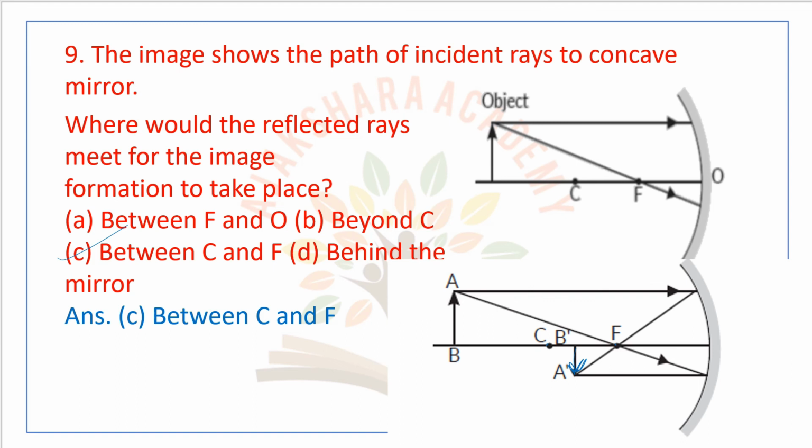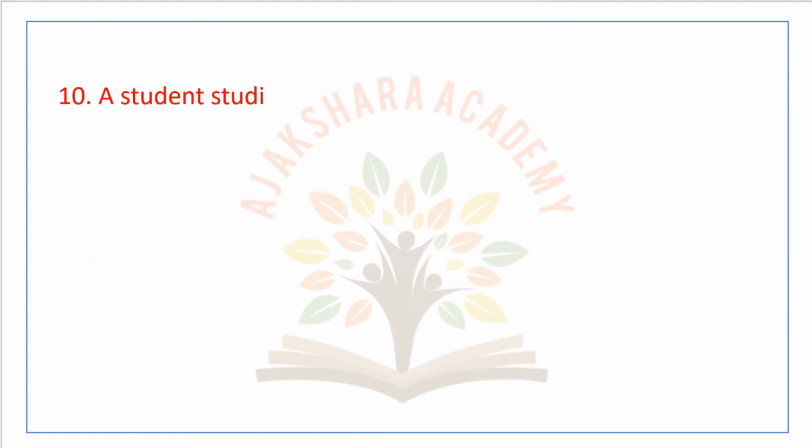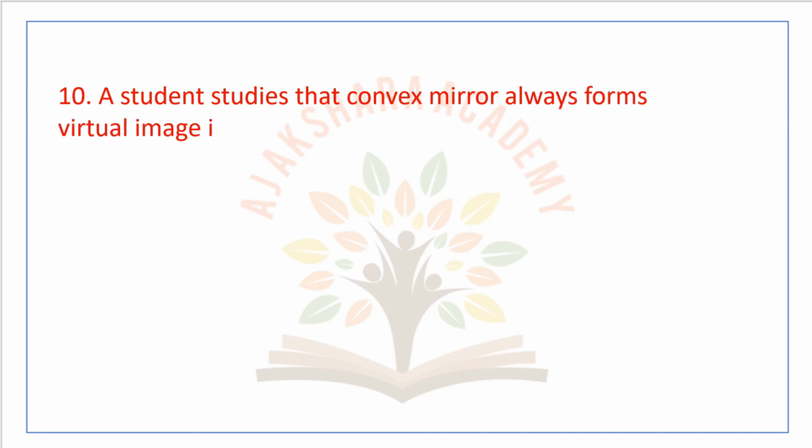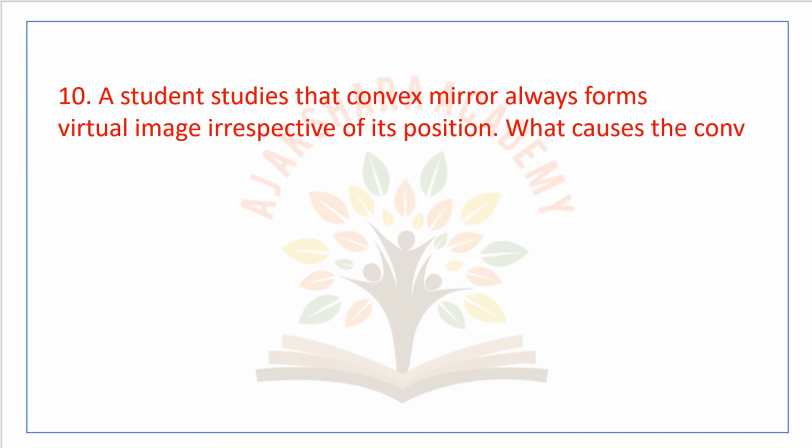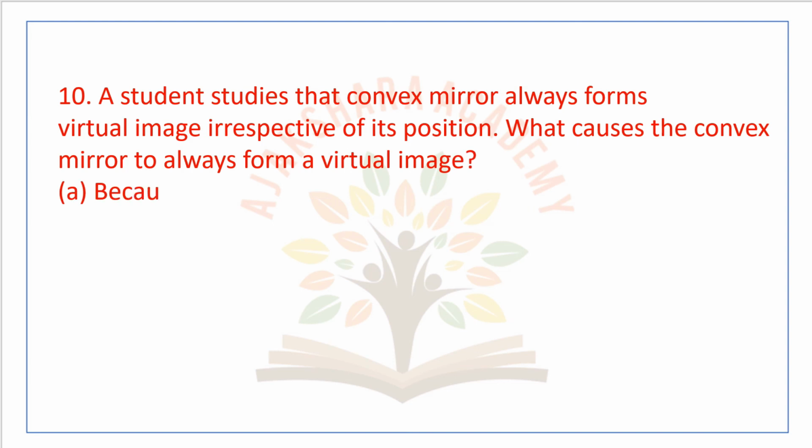Next, a student studies that a convex mirror always forms a virtual image irrespective of its position. What causes the convex mirror to always form a virtual image?